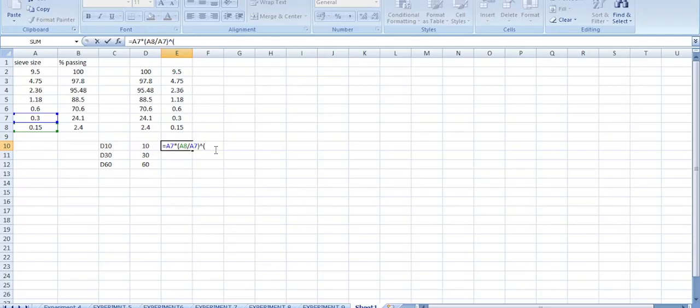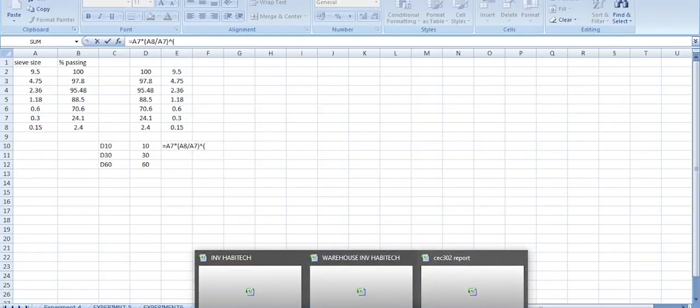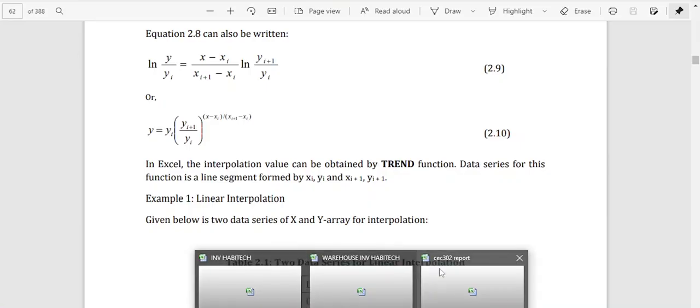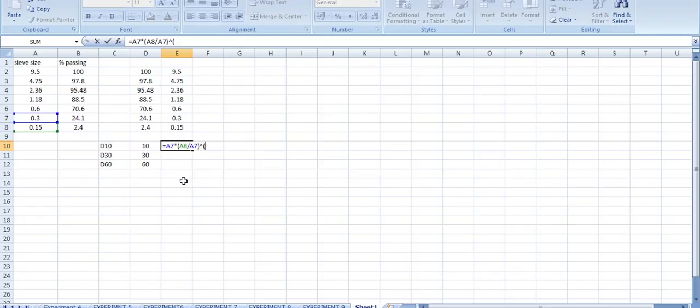Now you have x. So let's go back to the equation. So you have x minus xi, x minus xi. Now where is your x? Your x is the value that is already known, that is corresponding, the percentage passing.